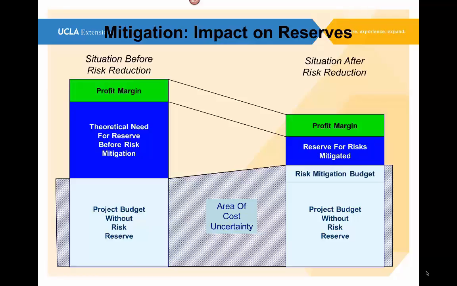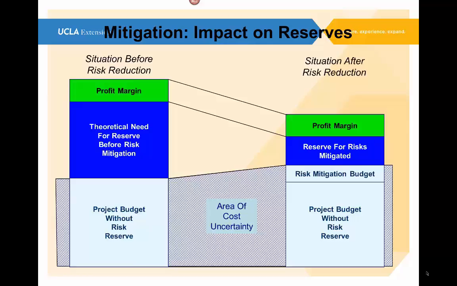And what we have are four elements in the project cost picture. That is our project budget without the risk reserve, the amount of funding it takes to do the project. Then comes the mitigation budget, which is the amount of funding required to pay for the mitigation actions we're going to take against the risk.